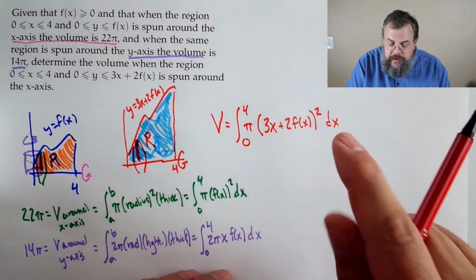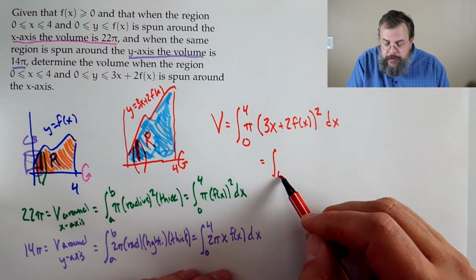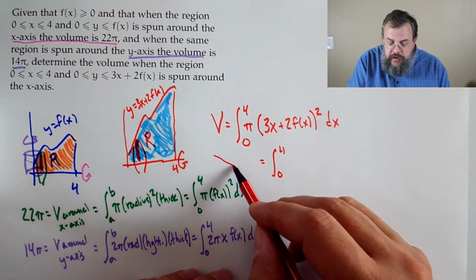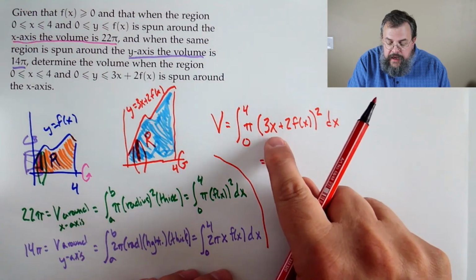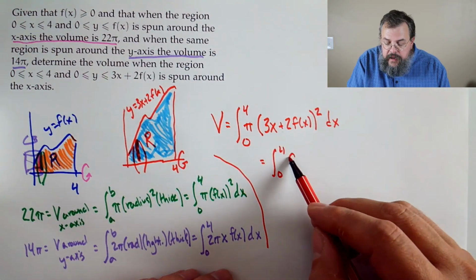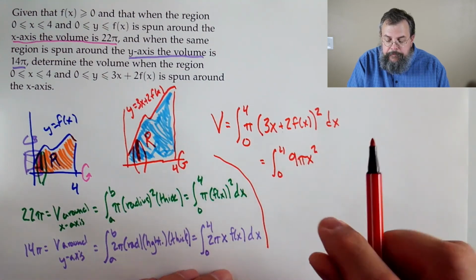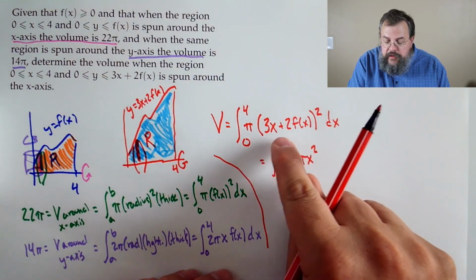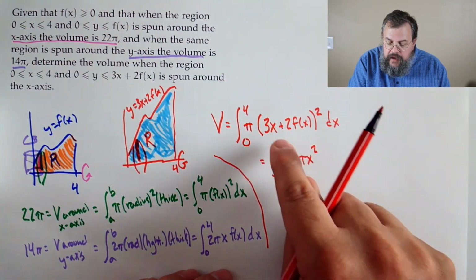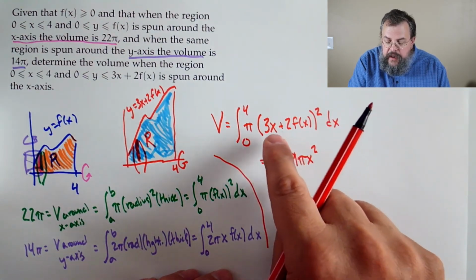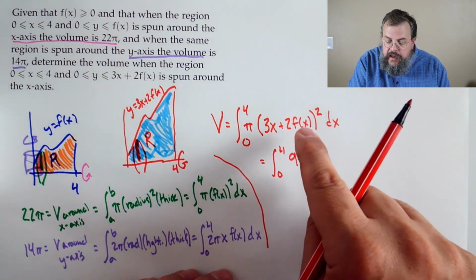So we'll square this out. That's oftentimes a good thing to do whenever you're working with a problem. So we have integral from 0 to 4, square 3x, that would give us 9 pi x squared. Now, the cross terms. The 9 pi x squared, that's a squared. Then there's the pi. Now, the cross terms would be 2 times a times b.